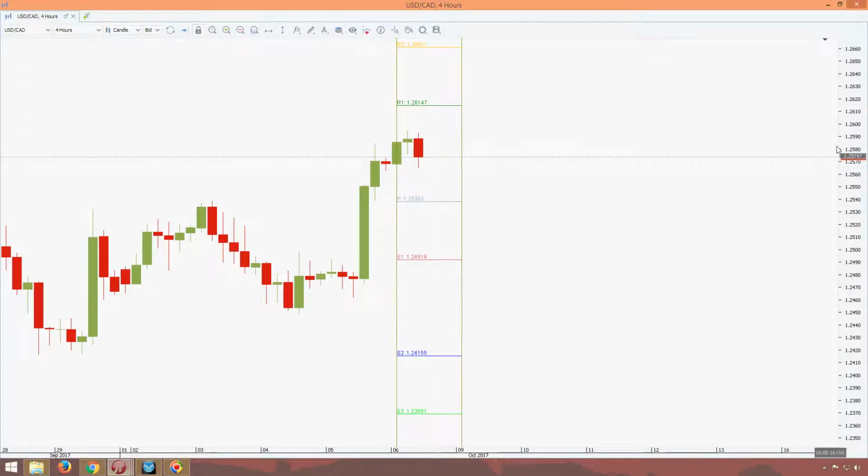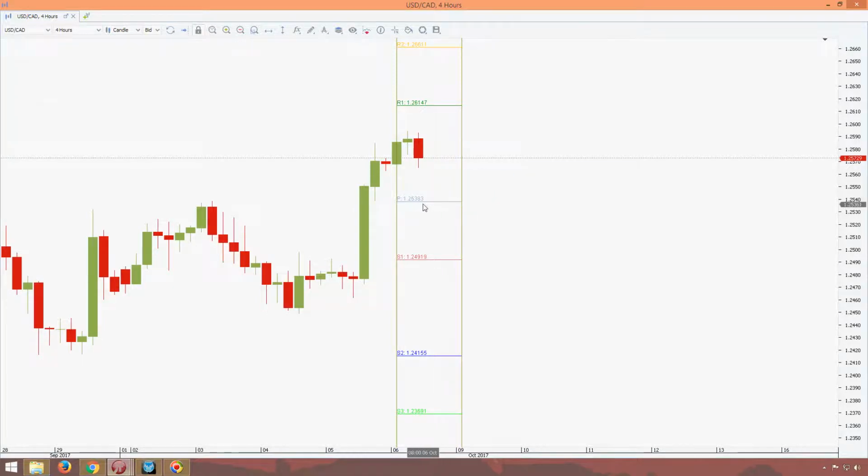Zoom in. So, the current price on the US dollar, Canadian dollar is 1.2572, correct? So we have the daily pivot, which is 1.25383, which means when the price hits the pivot here, it is in a state of equilibrium. It is at the daily pivot, and all eyes should be on what the next move is.